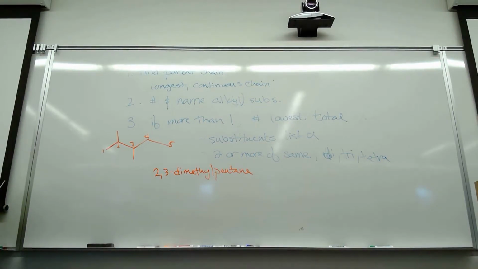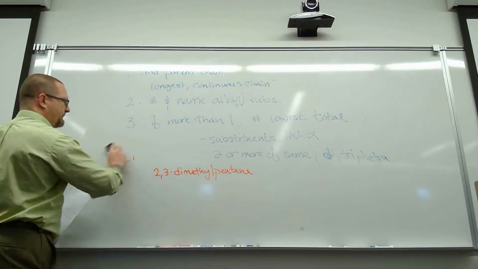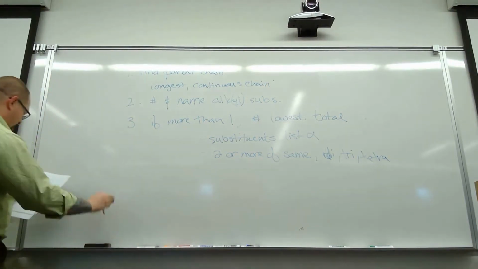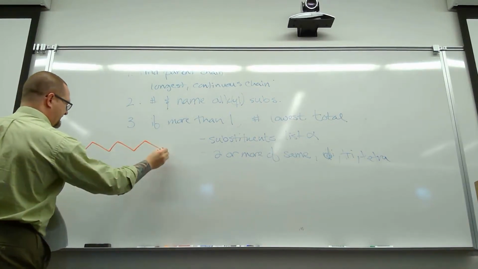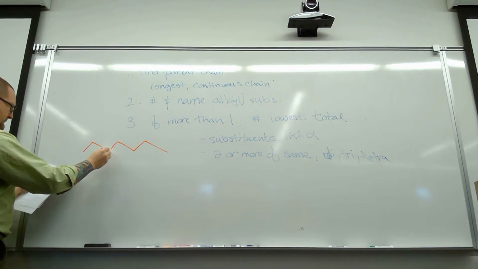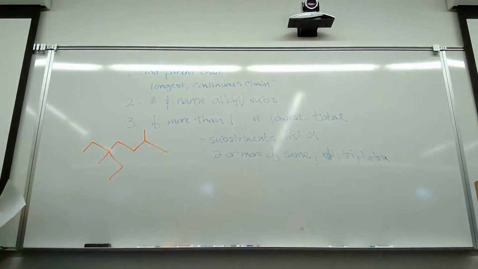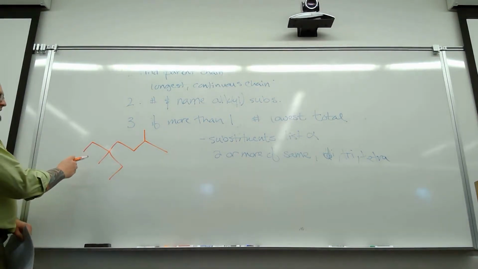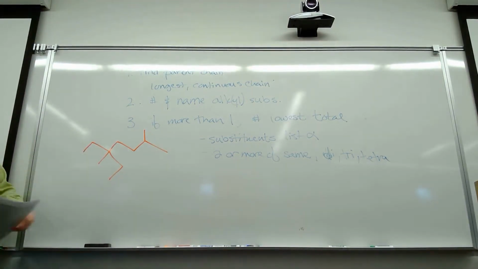Let me do one more. It might clarify. If we have heptane, 1, 2, 3, 4, 5, 6, 7. What about that one? Does it matter if we include this group here or this group here?